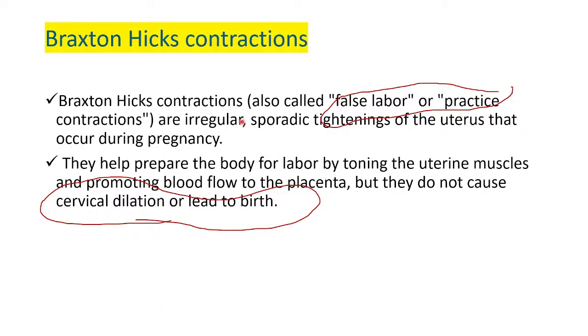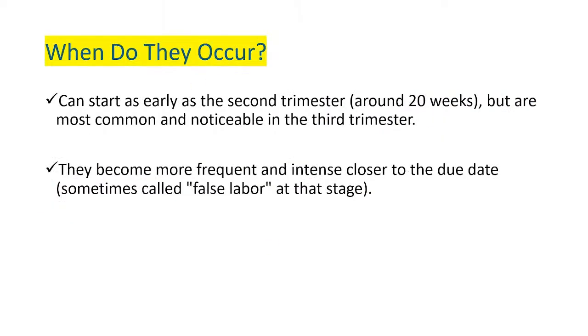Most women feel like they are going into labor when they have these Braxton Hicks contractions. So the question is, when do they occur? They can start as early as the second trimester, around 20 weeks. So provisionally, we are saying that around 20 weeks, you can start to feel the Braxton Hicks contractions.